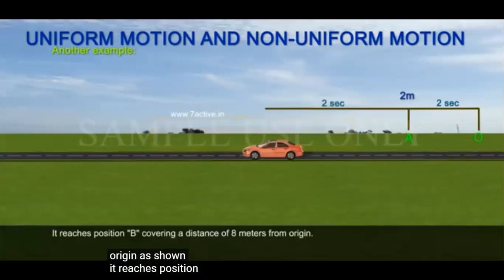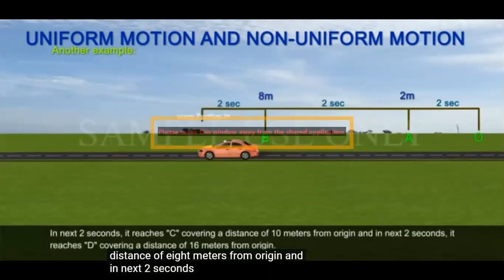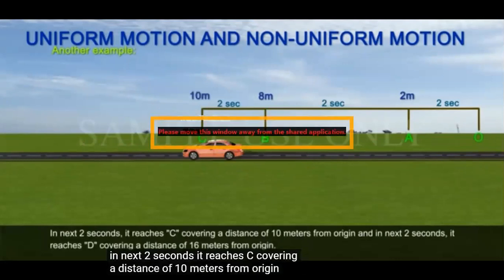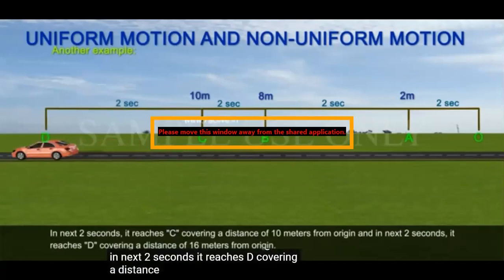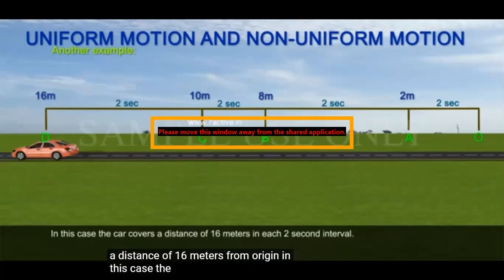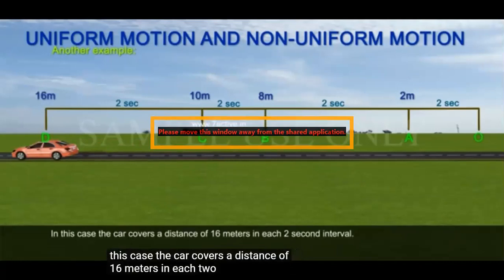It reaches position B covering a distance of 8 meters from origin, and in the next 2 seconds it reaches C covering a distance of 10 meters from origin, and in the next 2 seconds it reaches D covering a distance of 16 meters from origin.